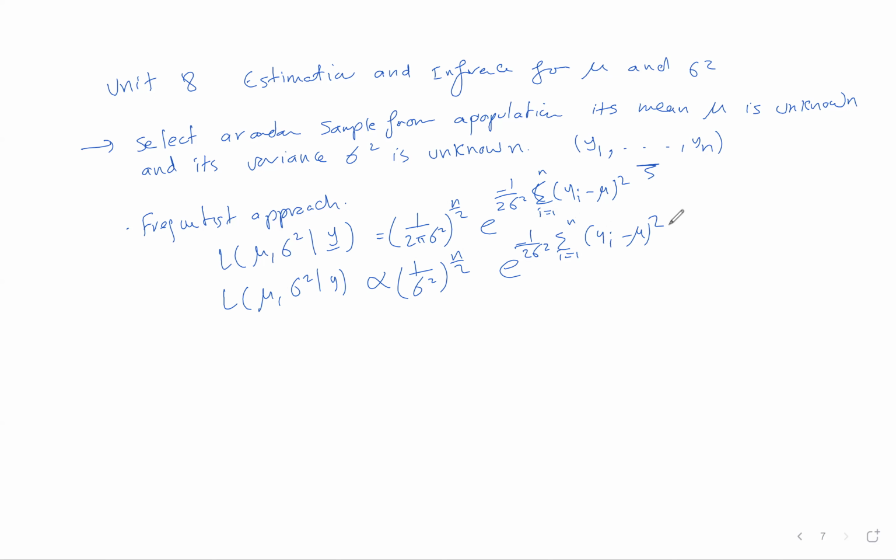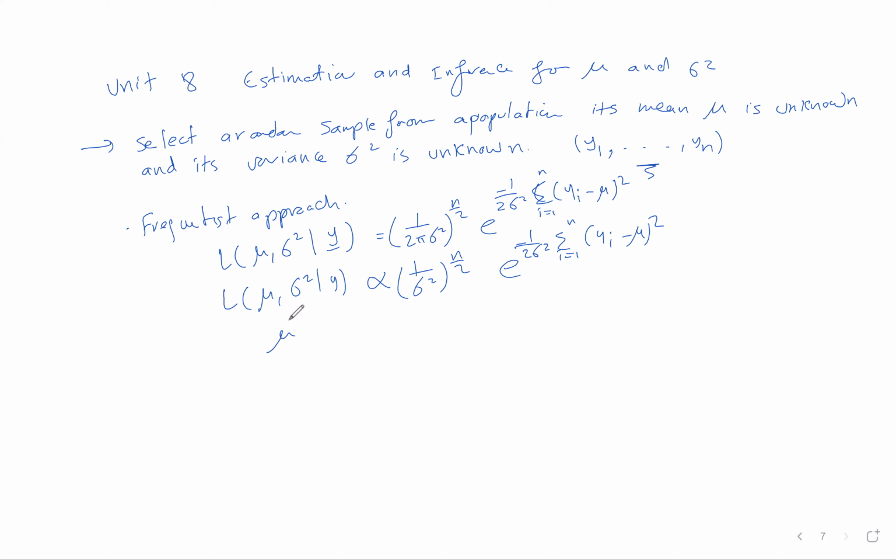And how do I get the frequentist estimation for mu and sigma square? You take the natural log, take the derivative with respect to mu, take the derivative with respect to sigma square, and then set each equal to 0, and then solve for mu and solve for sigma square.